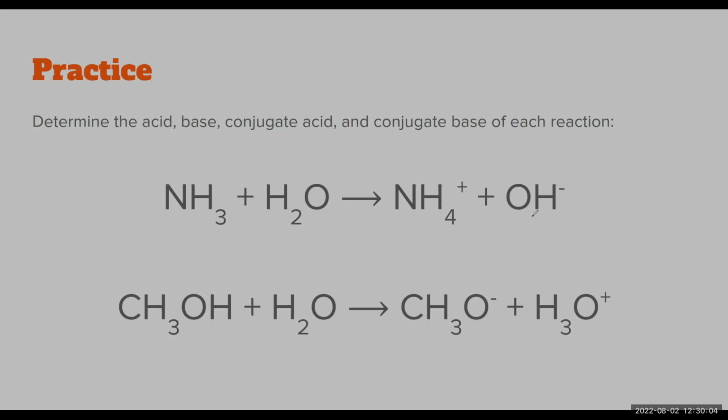If you look at what changed, we can see that this NH3 gained an H+. In other words, it accepted the hydrogen. Whereas H2O, if you compare it to the product, actually lost one of its hydrogens. So this is going to be the H+ donor.